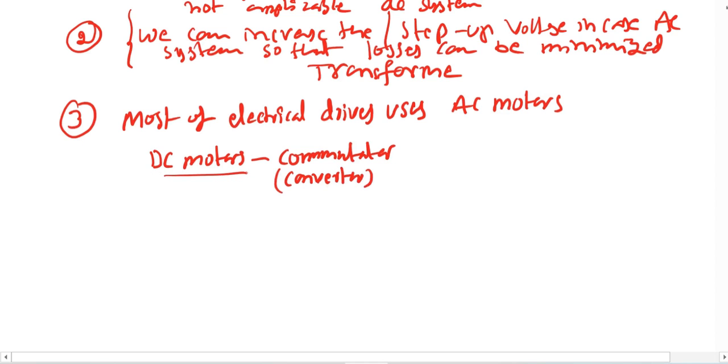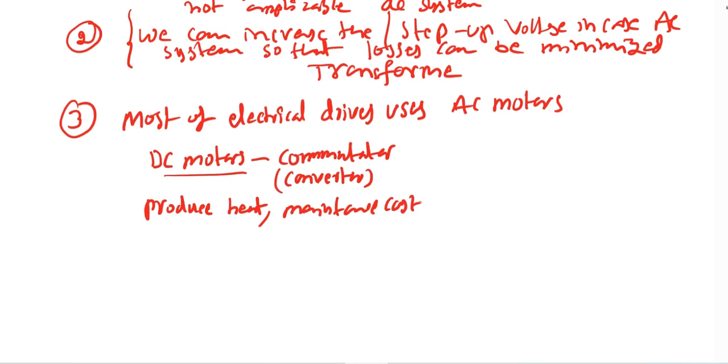Moreover, the disadvantage of DC motors is they produce heat and have maintenance cost. The maintenance cost also matters here. So that's why you cannot encourage DC motors. If you encourage the DC motor, obviously you need to go with the DC supply. We are not going with the DC supply, therefore you cannot encourage DC motors.